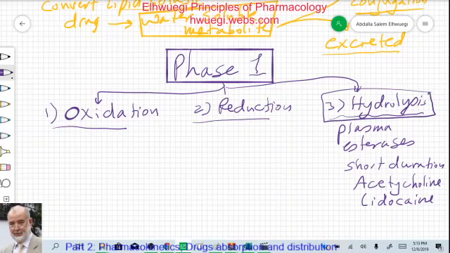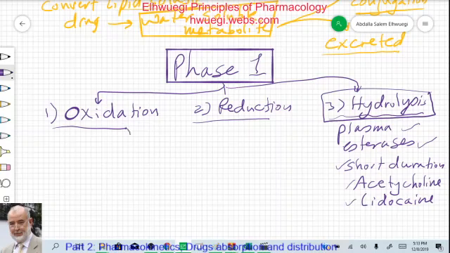Hydrolysis can take place in many places, but most important is the hydrolysis which takes place in plasma, by esterases, on drugs of ester nature, where they are metabolized very fast by plasma esterases, producing very short duration of action, and the most famous are acetylcholine and lidocaine.